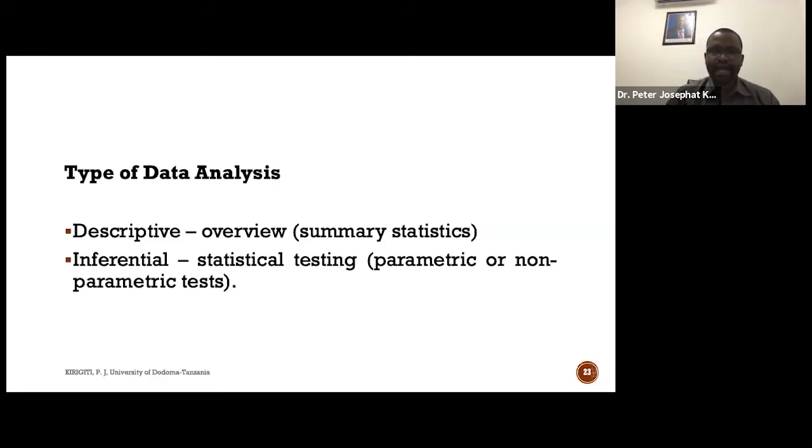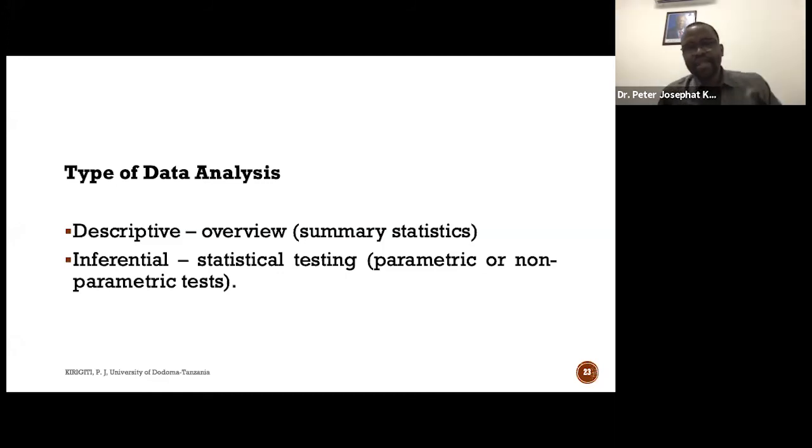Now here, under inferential, that means we infer the population. We want to make generalization. How? By using statistical testing. Either we can adapt a parametric test, or we can go for the non-parametric test.